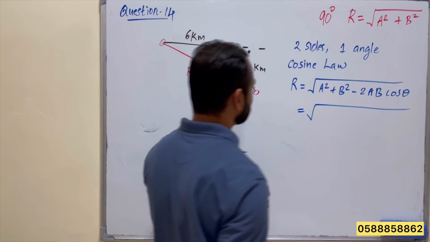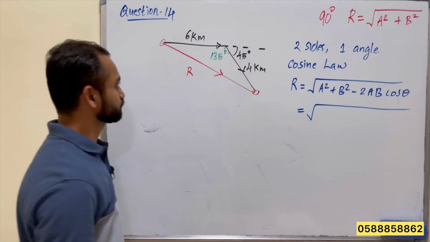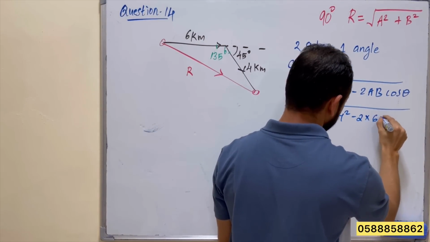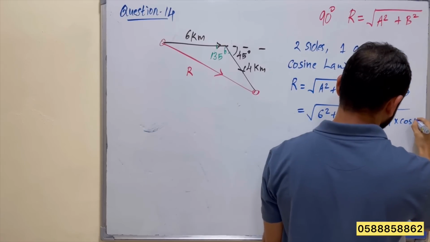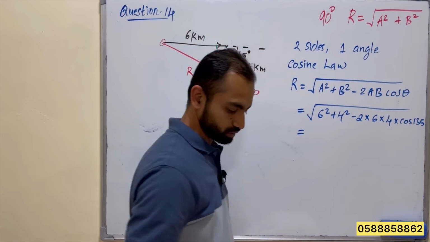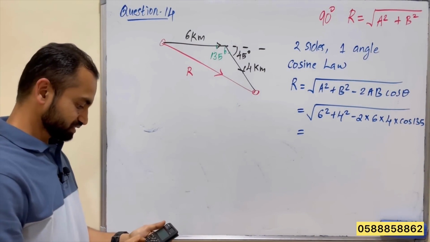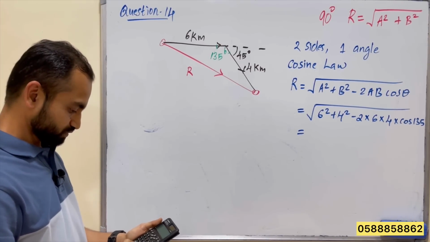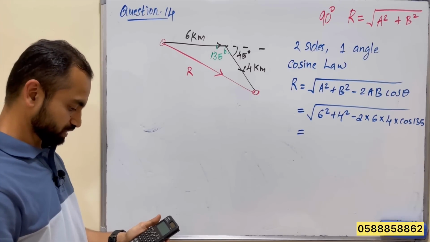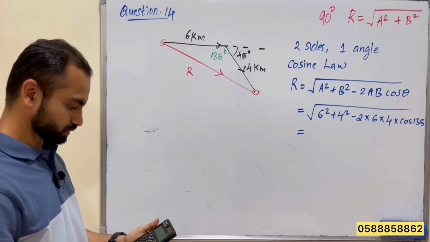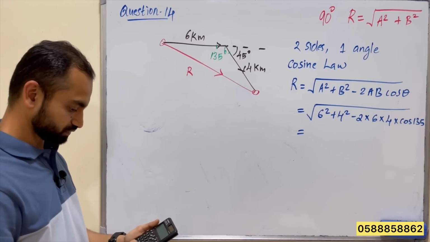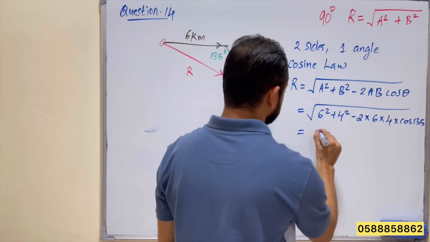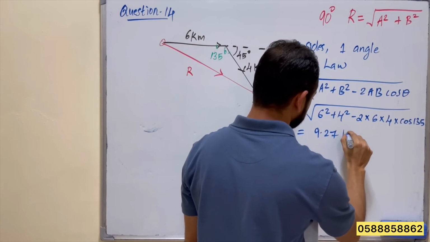Any of these is a, any of these is b, so I will write 6 square plus 4 square minus 2 multiplied by 6 multiplied by 4 multiplied by cos 135, which equals 9.27 kilometers.